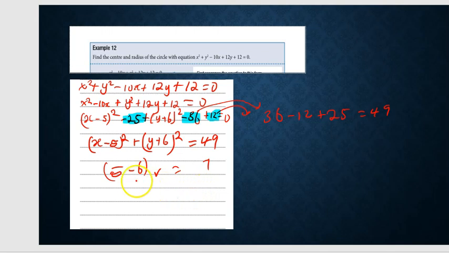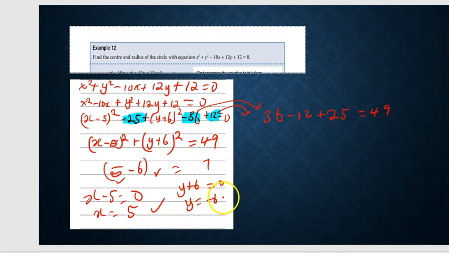And you can solve these two equations in order to get this value, because you have x minus 5 equals 0. X is simply going to be positive 5. So that's how you get 5. And if you solve y plus 6 equals 0, you simply have y equal negative 6.